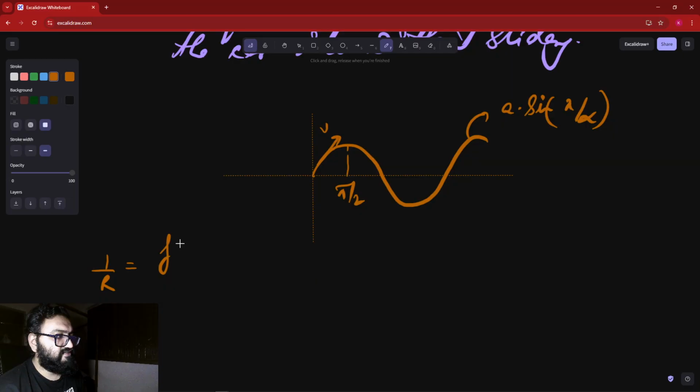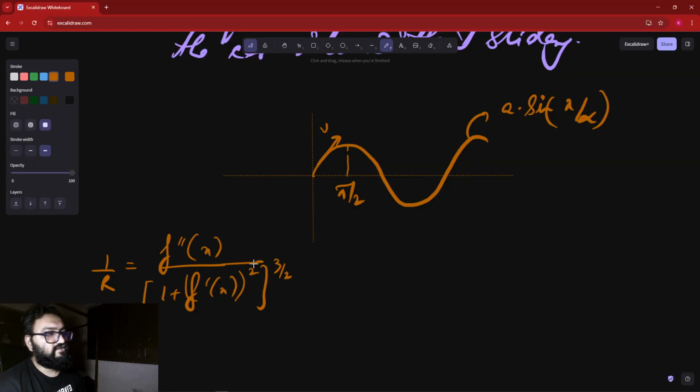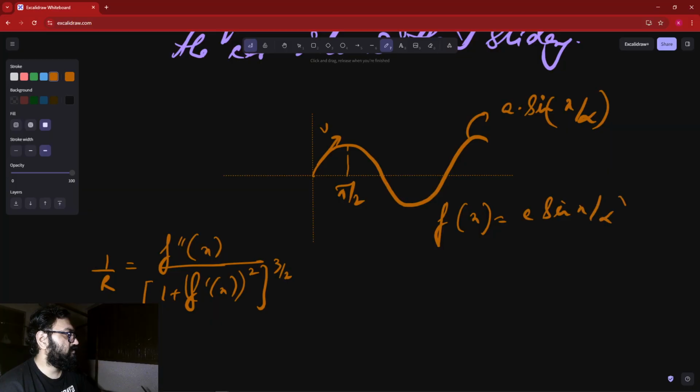It is defined as f double dash of x divided by 1 plus f dash of x whole square to the power 3 by 2. This is how curvature is typically defined. So in this case my f(x) is equal to a sine of x by alpha.